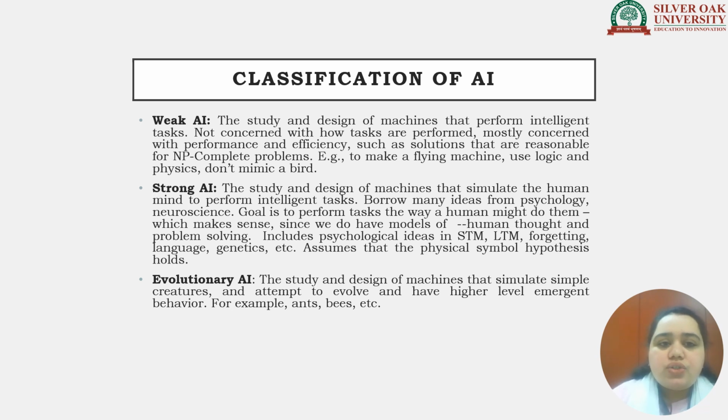Strong AI is the study and design of machines that simulate the human mind to perform intelligent tasks, borrowing many ideas from psychology or neuroscience. The study and design of machines that simulate simple creatures and attempt to evolve and have higher level emergent behavior is known as evolutionary AI.